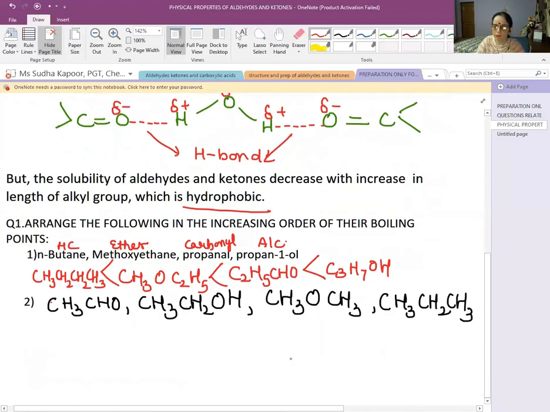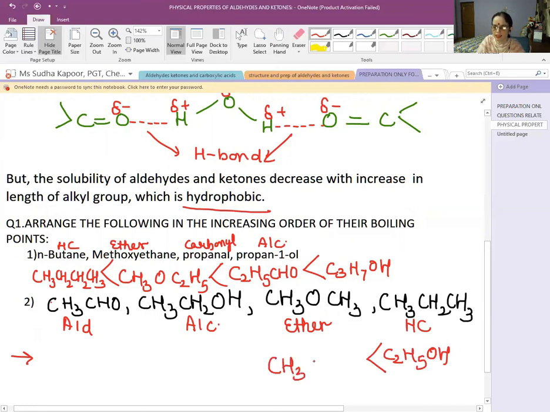The other in-text question of NCERT provides us with ethanal, the aldehyde, ethanol, the alcohol, dimethyl ether, and the hydrocarbon propane. Again, we have to arrange them in increasing order of boiling point. We know that alcohols have the higher boiling point, so C2H5OH gets the highest boiling point.